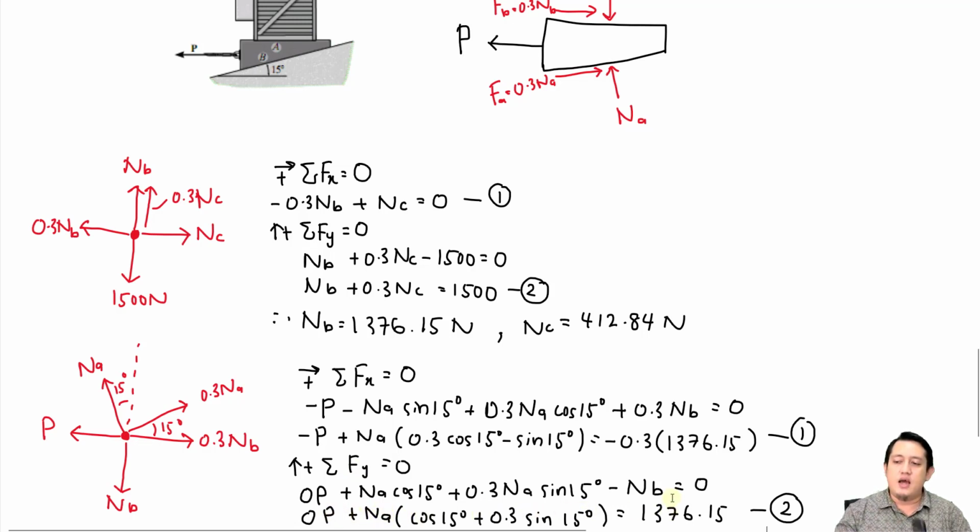But I advise you to depend on this calculator so that there is no need to do multiple calculations. We just insert these two equations into the calculator and let it solve them. So let's find the value of P and also NA using the calculator.